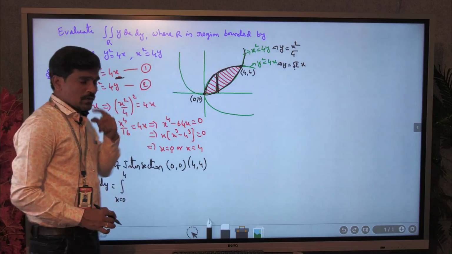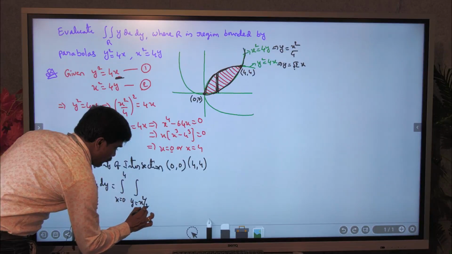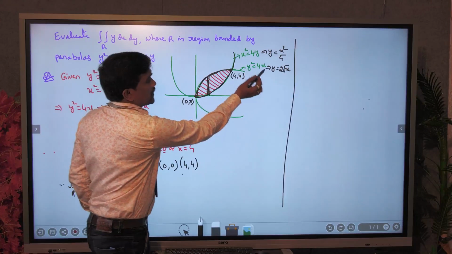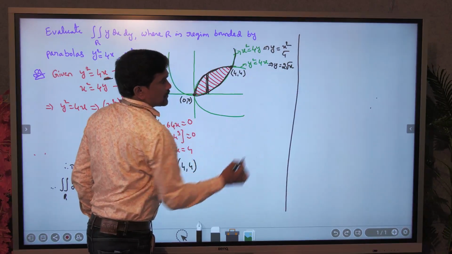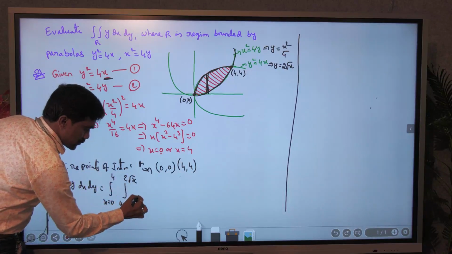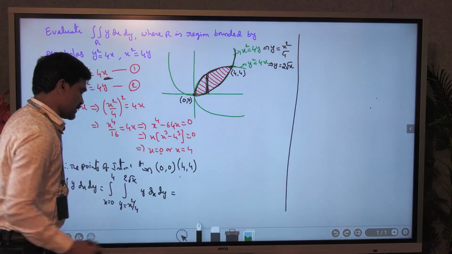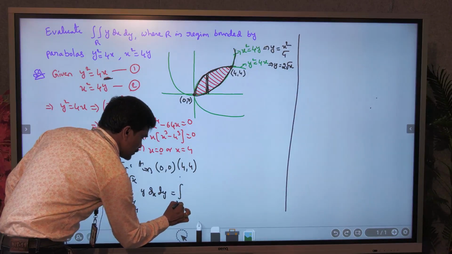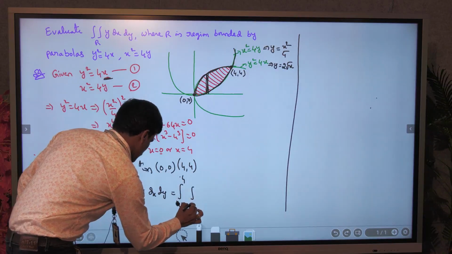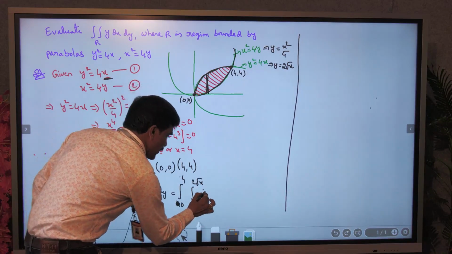Then y varies from the lower limit x square by 4 to the upper limit 2 root x, since y square is equal to 4x gives y is equal to 2 root x. So that is equal to the integral x from 0 to 4, y from x square by 4 to 2 root x, of xy dy dx.